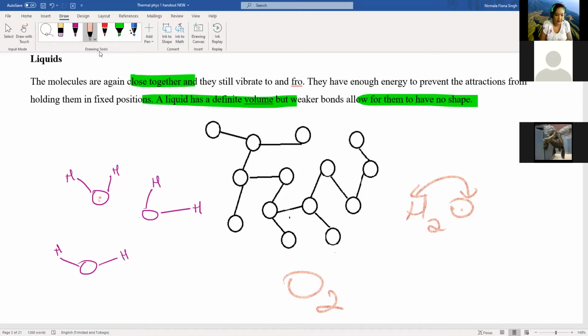Anybody want to say why fish can breathe underwater then? Anybody want to make a guess? They have dissolved oxygen in the water. It has what? Dissolved oxygen.